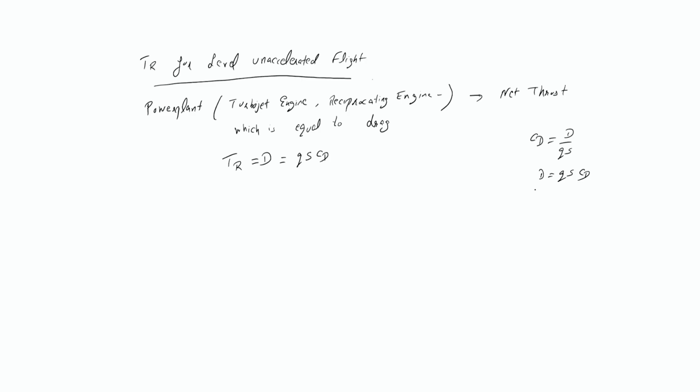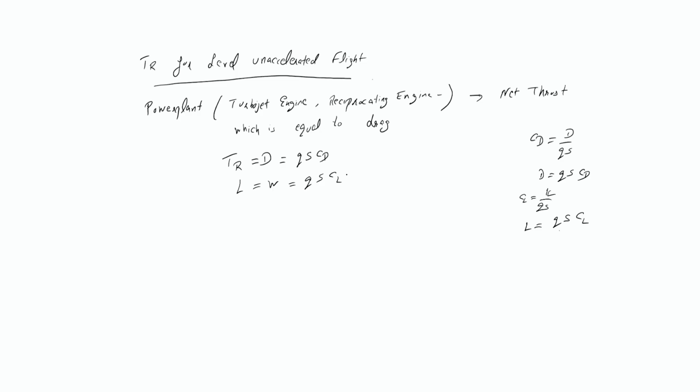What was lift? CL was L upon QS, and L equals QS CL. So we write lift equals weight equals QS CL.